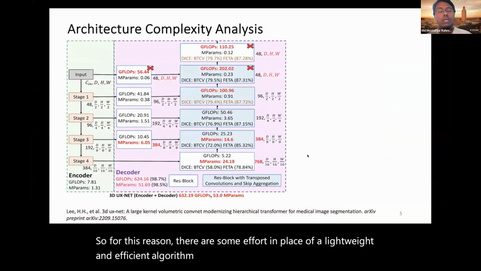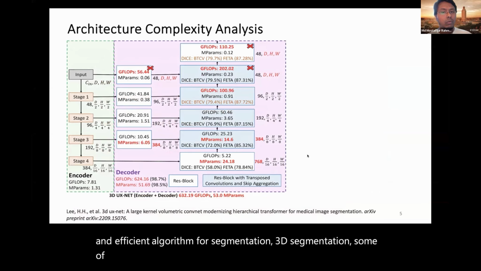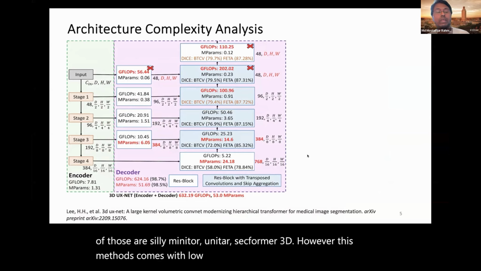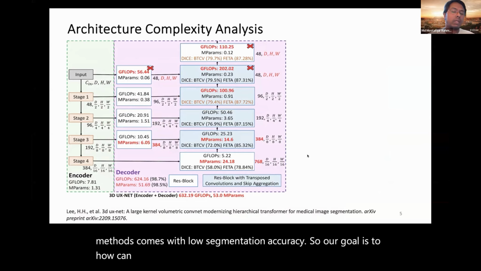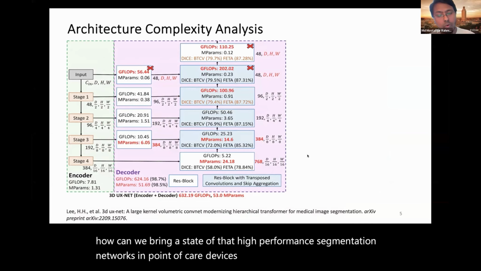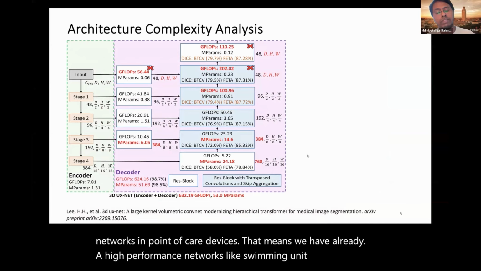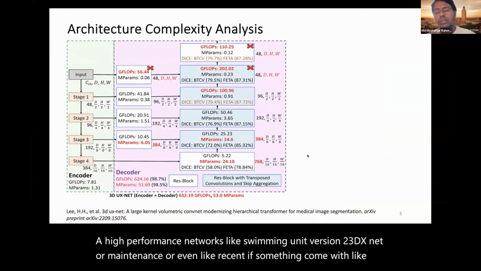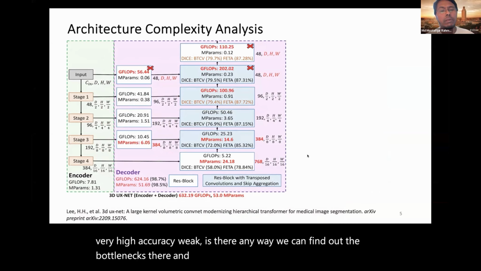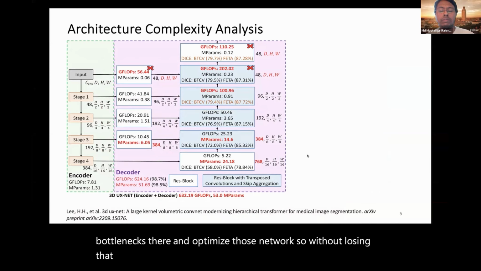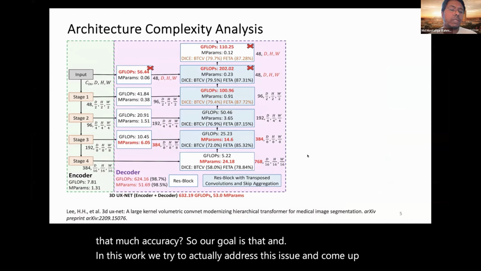Let's find out what the bottlenecks of existing state-of-the-art methods are. I will start with 3D UX-Net, a popular method published at ICLR 2023. It is a CNN-based network that uses ConvNeXt-style convolution blocks to process the image.